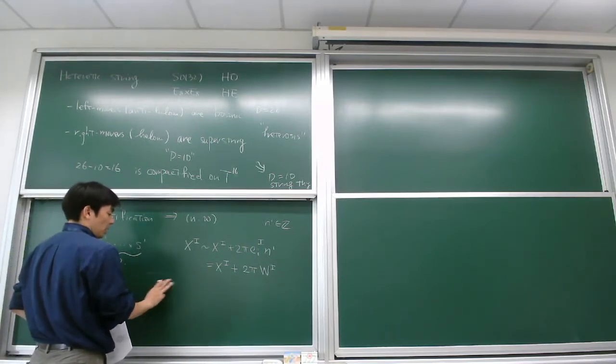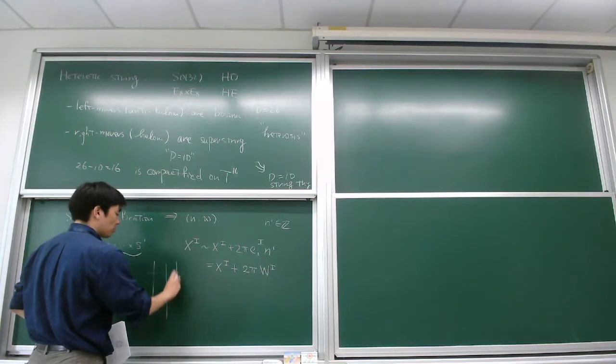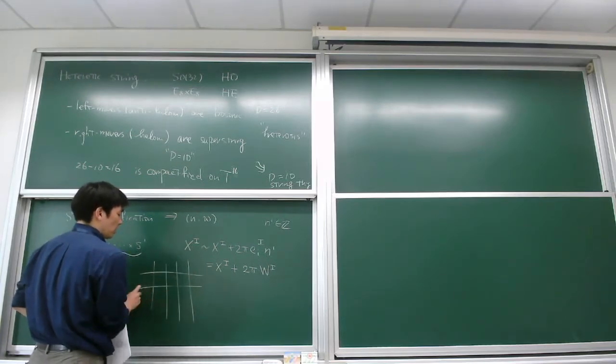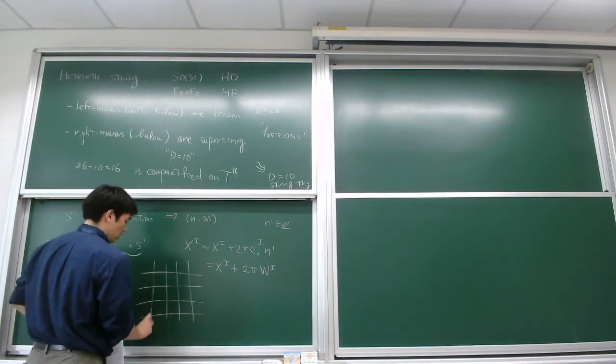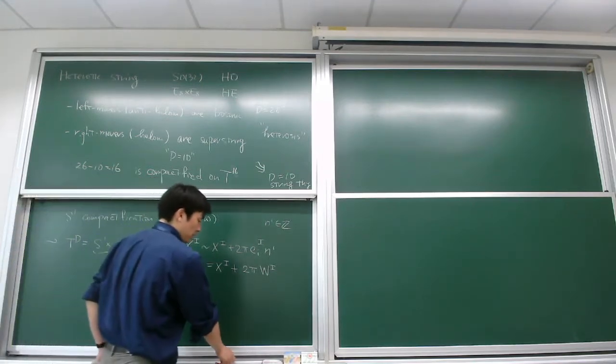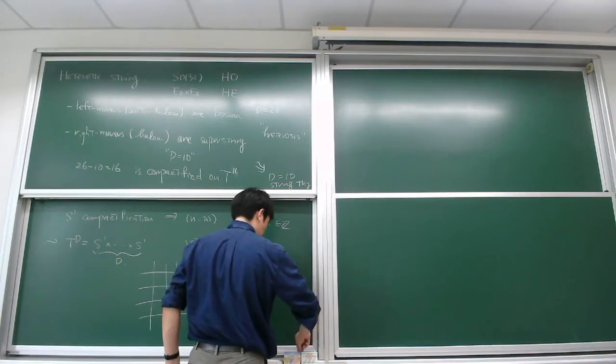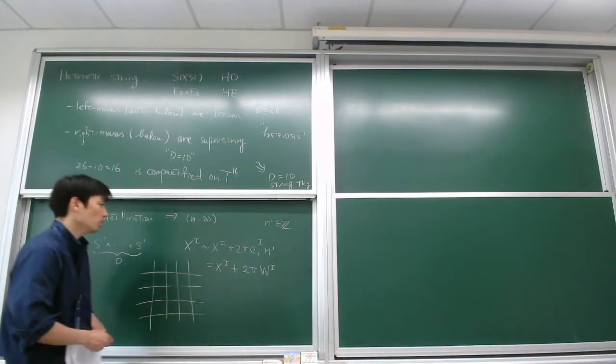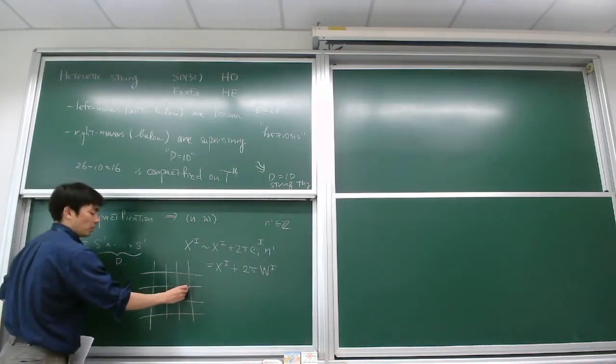So let's look at the universal covering of the torus. The string's winding number is given by this one.